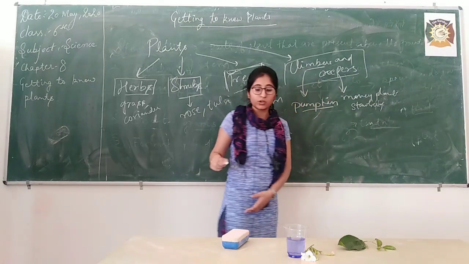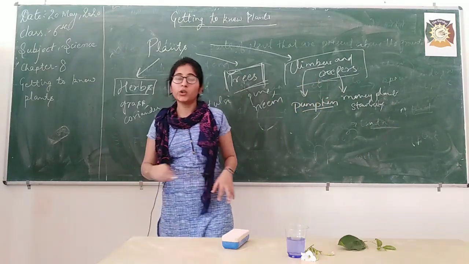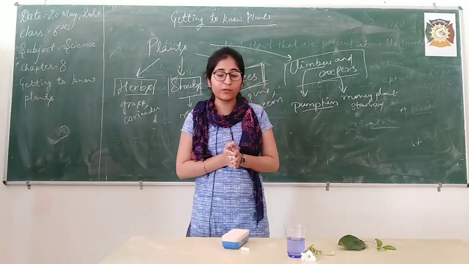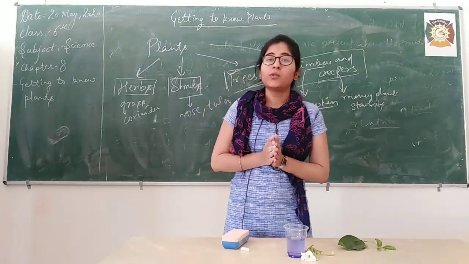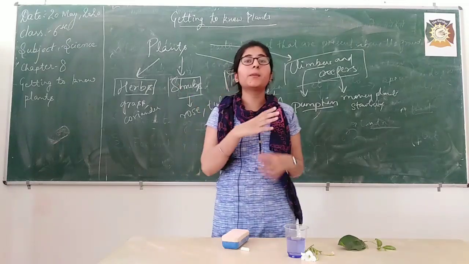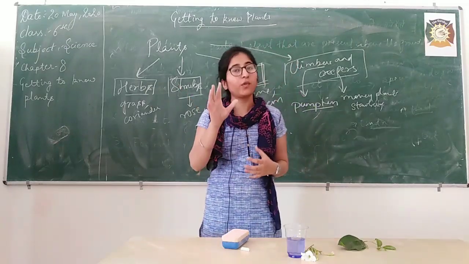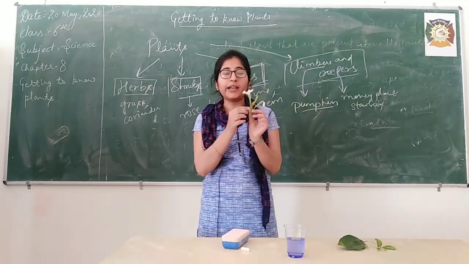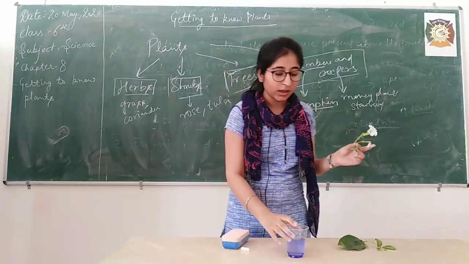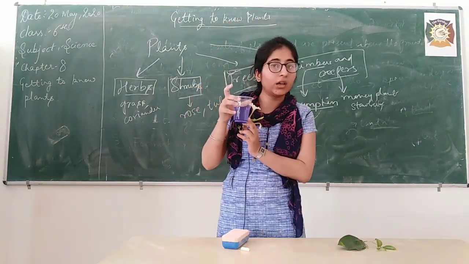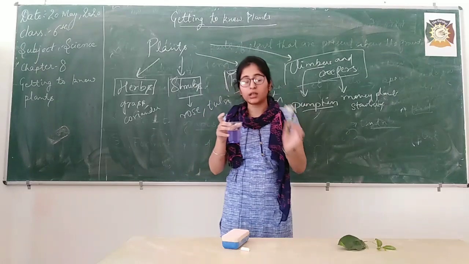After this, students, today's class is done, but I have a very interesting homework for you. What will you do? I showed you that the stem has a very important purpose of transport, right? So you will take a white flower like this, and a glass of colored water. You can put ink in it, okay, or any other color you want.